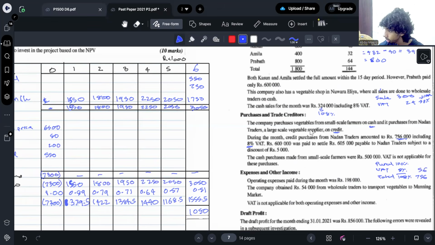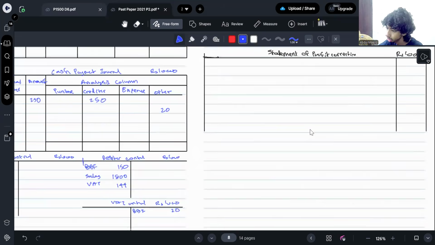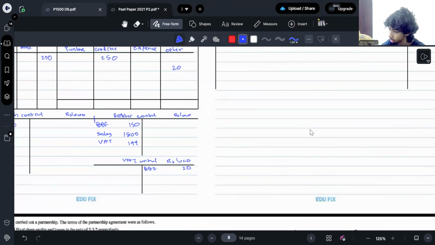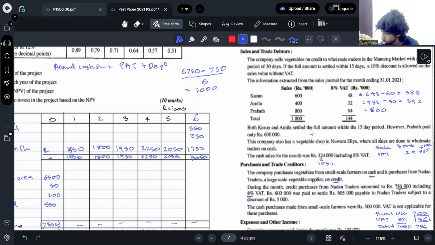Then the purchase value will be 700. So this purchase VAT amount you should record under the VAT control account debit side. Purchase VAT is an input. That's from the credit purchase VAT 56. Okay. So then that is done.